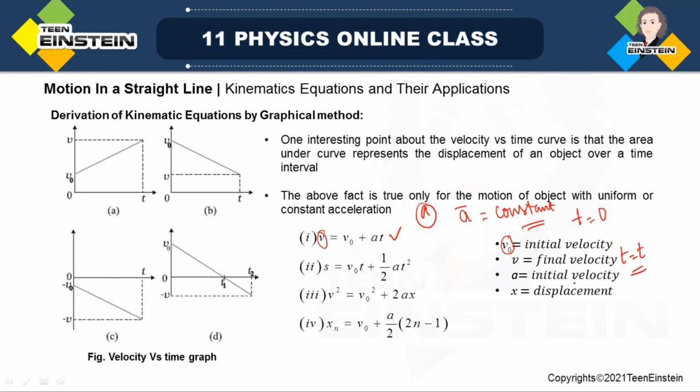If you know the initial velocity and the average acceleration with which the object is moving, then you can find the final velocity of an object after a certain time interval.